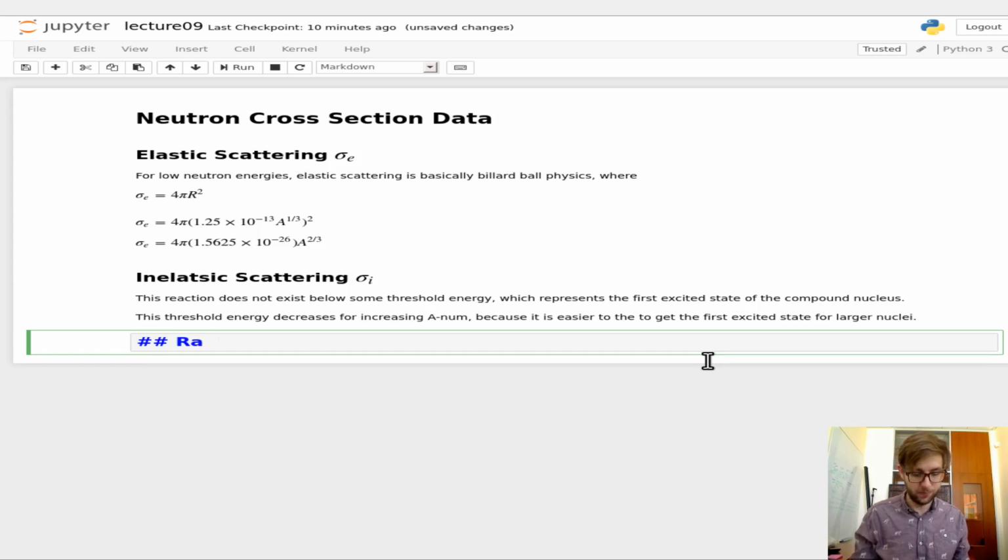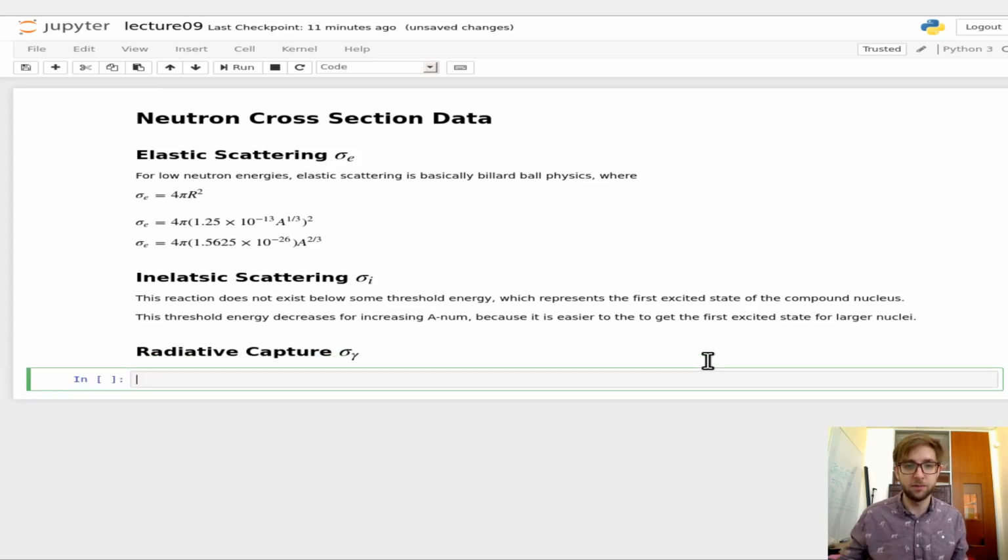Okay, so the next kind of reaction is radiative capture. Recall that this is when a nucleus absorbs a neutron and emits a gamma particle, or a photon. We call that sigma sub gamma. For most nuclides, it's easier to capture a neutron the slower it's going, because there's more interaction time.